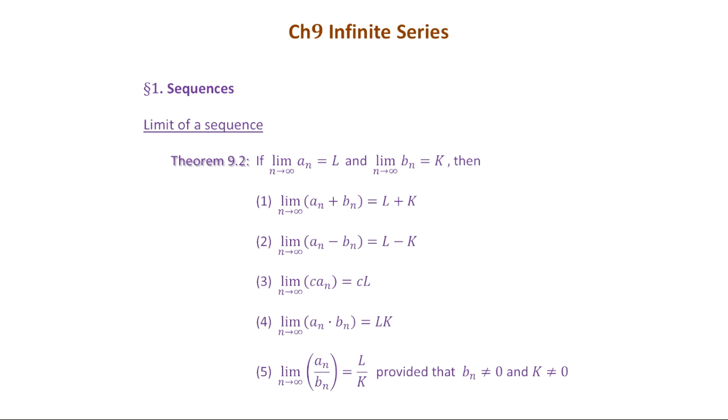And similarly, you can also take the difference of those two sequences, an and bn, and that also has a limit of L minus K, the difference of the limit of an and the limit of bn.